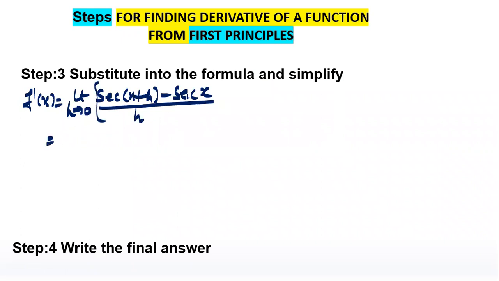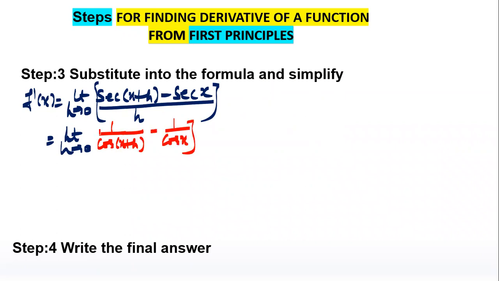Limit h tends to 0, taking sec theta as 1 upon cos theta, so it will become (1 upon cos(x+h) minus 1 upon cos x) whole divided by h, equals limit h tends to 0, taking LCM.